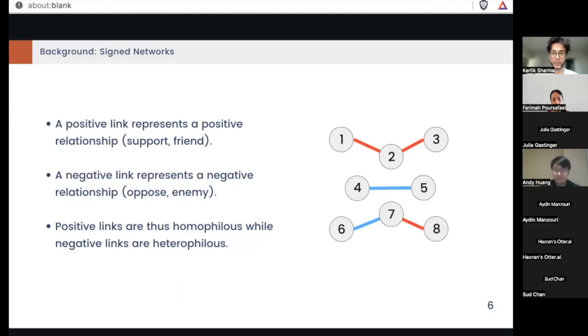We do consider one task which tries to learn this gradient, the signed edge weight, but how to predict it more fully is still in future work.